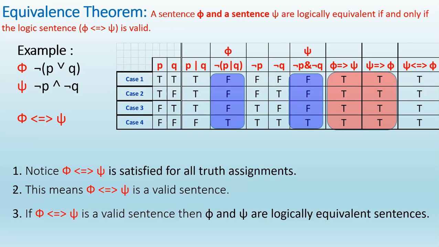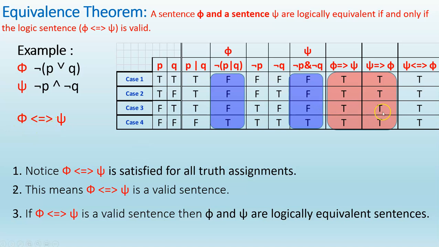So the equivalence theorem is saying, if you want to have a meta-level discussion about two sentences, that is to say, oh, phi is logically equivalent to psi, that itself is not a logical sentence, at least not the kind that fits in our definition in our world. We need a sentence like this right here. Now this is a logical sentence. It's a biconditional implication.